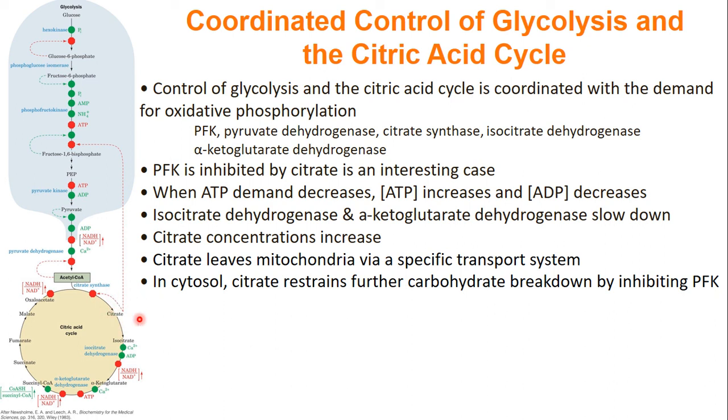So your citrate will keep increasing. Citrate can leave the mitochondria by a specific transport system, and when it does, it will go to the cytosol and block PFK, which prevents any more material going to the citric acid cycle since we already have plenty of energy.